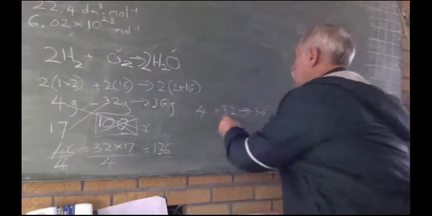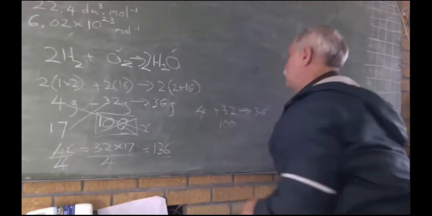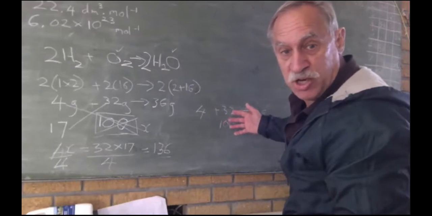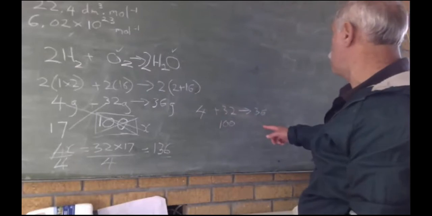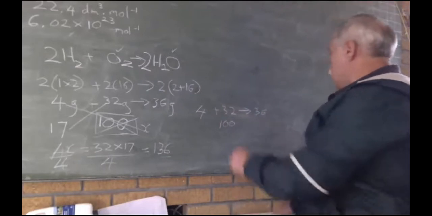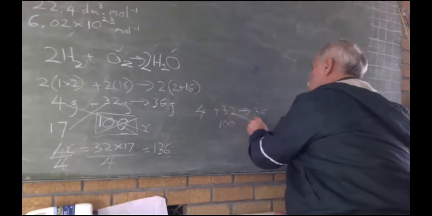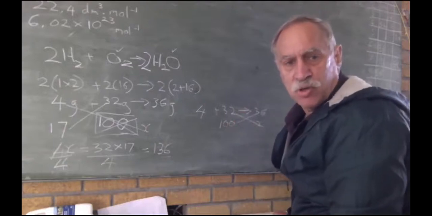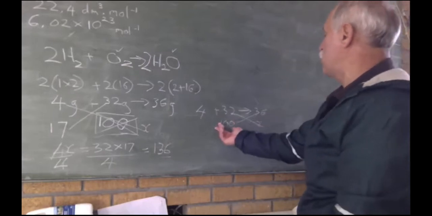So now, instead of 32, we use 100 grams of our limiting reagent, because that's the one that's going to limit how much water is formed. So let's work out how much water will actually be formed. Again, I want to find out the X, so I do the cross multiply thing. I'm sure it works. Okay, can you work out what X amount of water would be formed if we use 100 grams of oxygen?